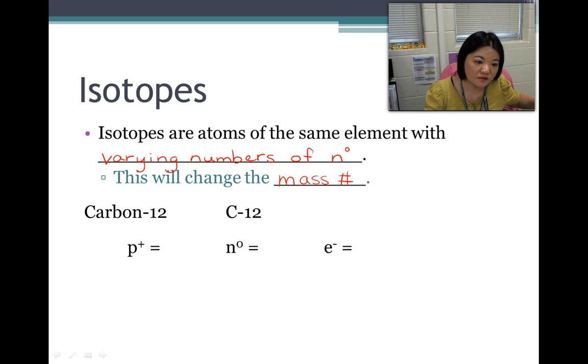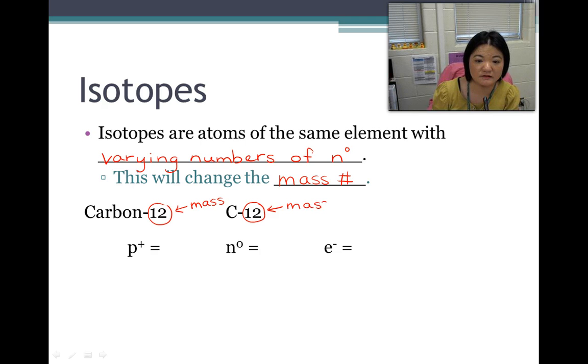So for example, carbon has 2 common isotopes. Carbon 12, C12, this 12 is the mass. So when we write it as C12, the 12 is the mass. What this is telling you is the proton number is still the same as regular carbon. Electron numbers are still the same as regular carbon, but neutron numbers are going to depend on the mass.